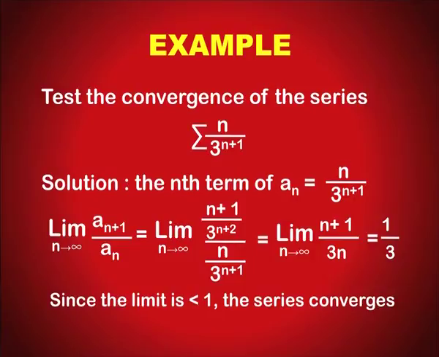Limit n tends to infinity, a_(n+1) upon a_n becomes limit n tends to infinity (n plus 1 upon 3 to the power n plus 2) divided by (n upon 3 to the power n plus 1), that is equal to limit n tends to infinity n plus 1 upon 3n, that is equal to 1 upon 3, which is less than 1. Since the limit is less than 1, the series is convergent.